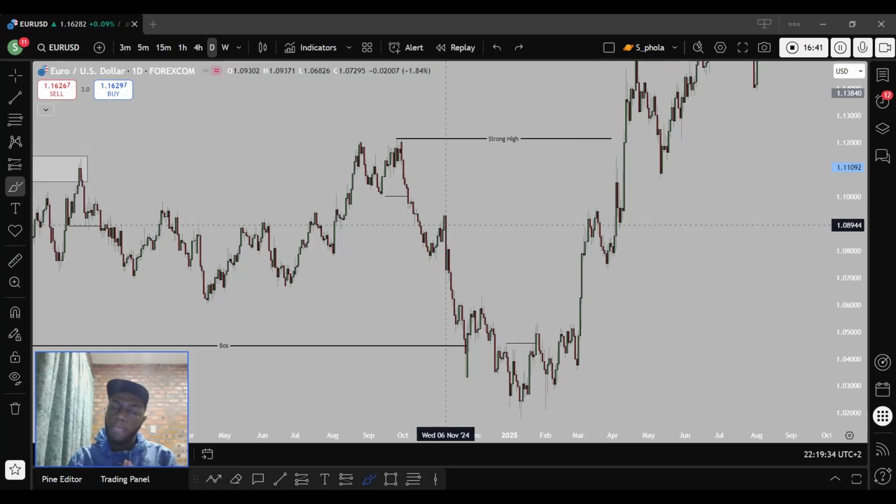Journal it. Be sure to backtest this yourself. Be sure to compare it with your strategy. Take what's valuable and leave out what you feel like doesn't resonate with you, right?